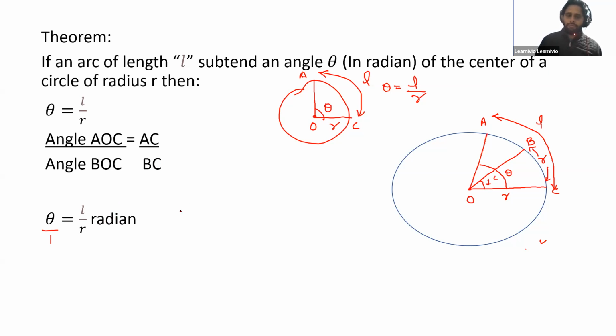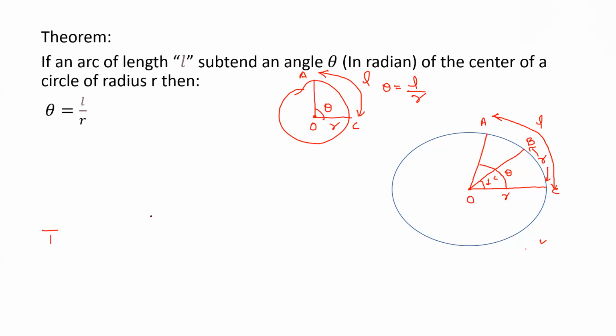Is this clear to everyone? So could you explain once more? Yeah. This angle AOC depends on this arc, L. The more the arc, the more will be the angle.